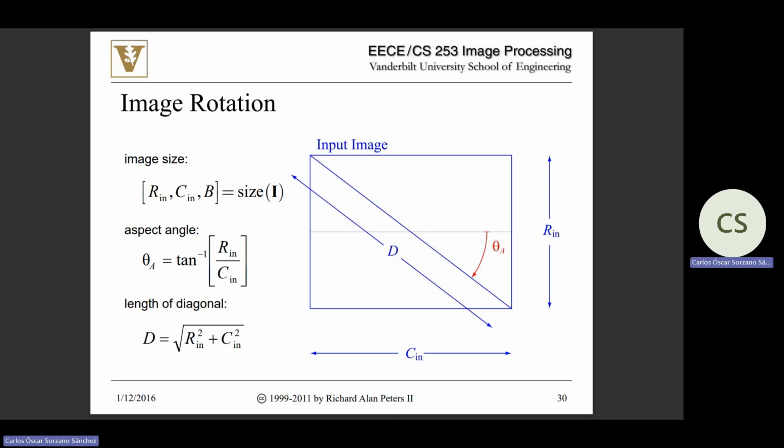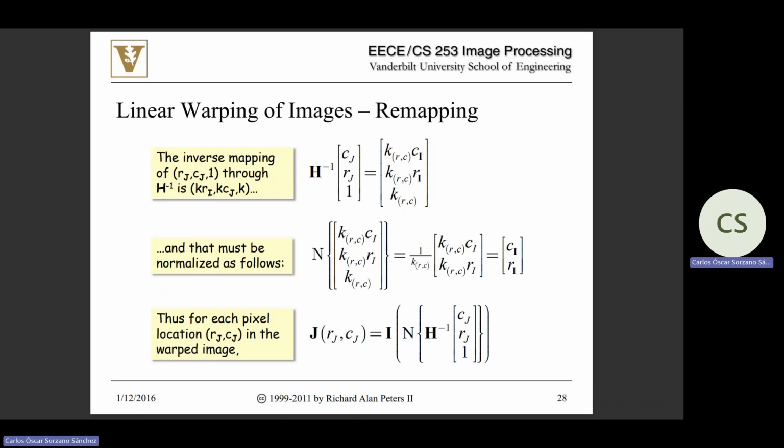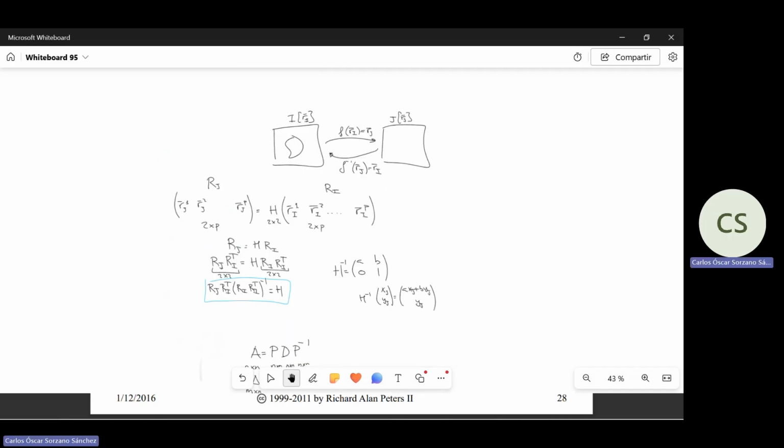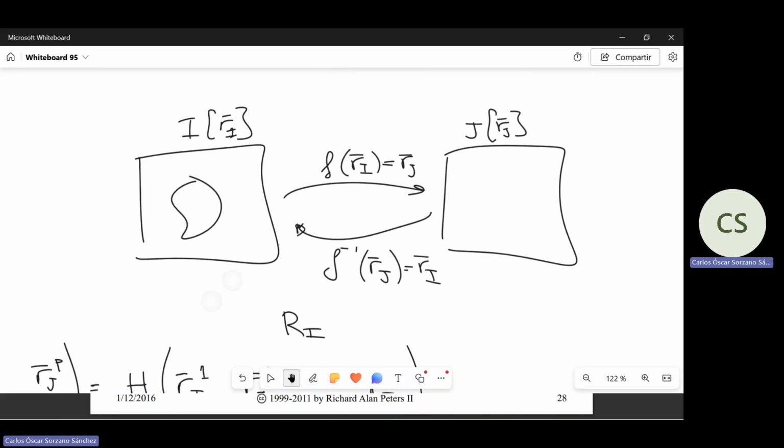What's the difference between RJ equals H RI and the other method, like A equals B? Where are you? Here? Okay, the very beginning, this one here? What is RI and RJ?